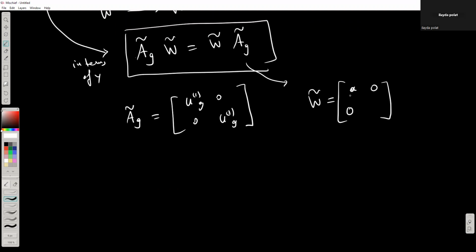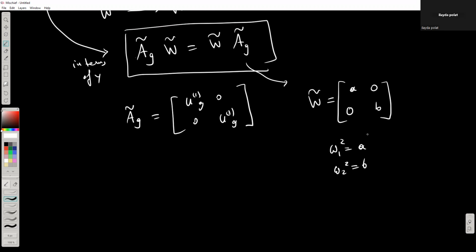So there's just one term in here, and there's another term in here. So the W tilde matrix is already diagonal, which means these are the eigenvalues. So omega 1 squared is equal to A, and omega 2 squared is equal to B. So these are already eigenvalues.